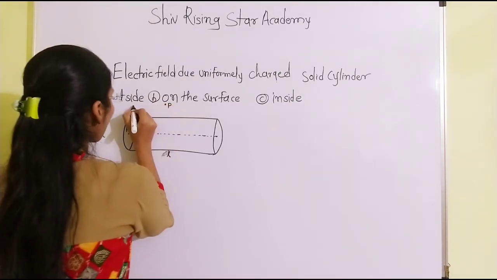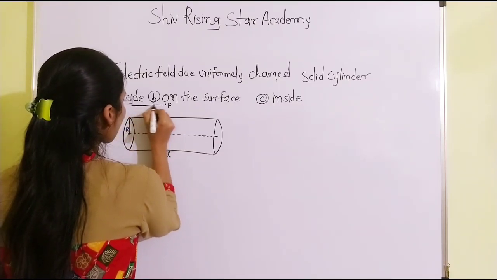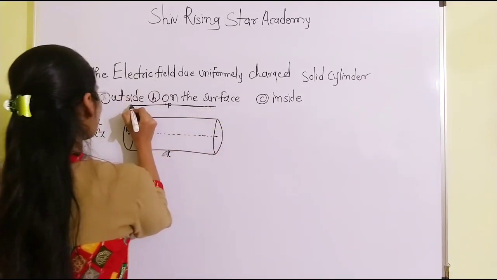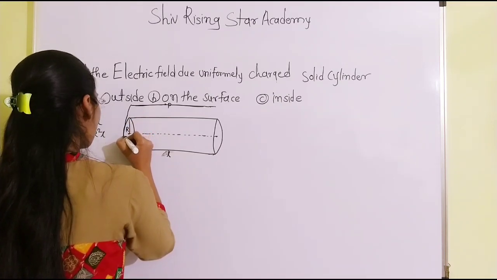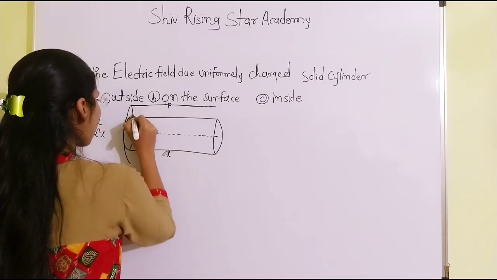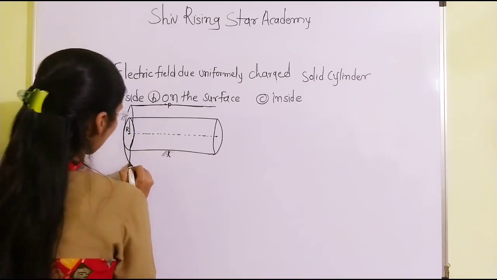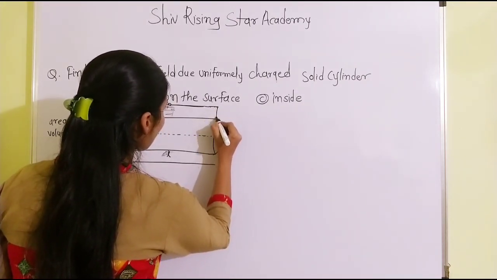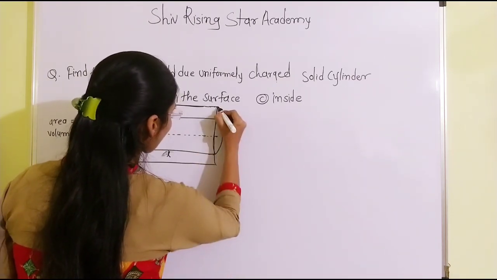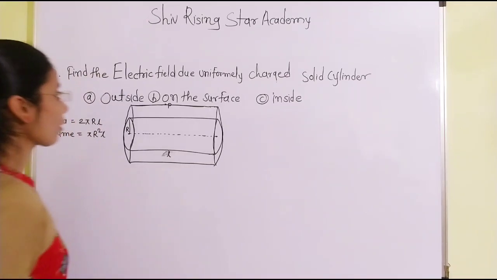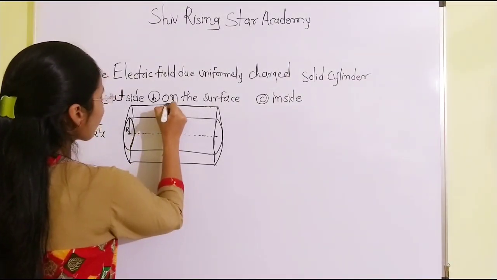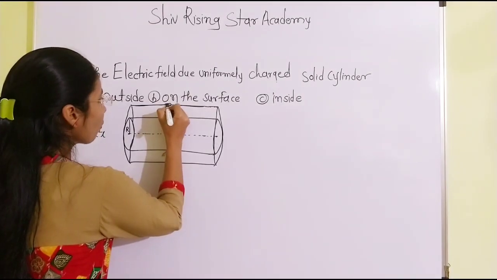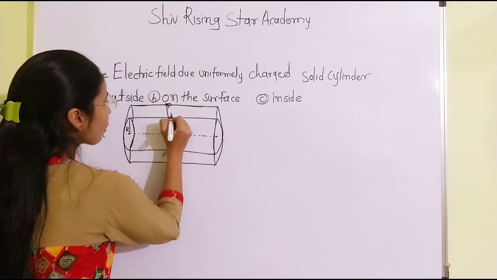So we draw the Gaussian surface here, and we find the electric field at this point P. This is the radius of the cylinder, and the distance of this point from the center of the cylinder we will take as small r.